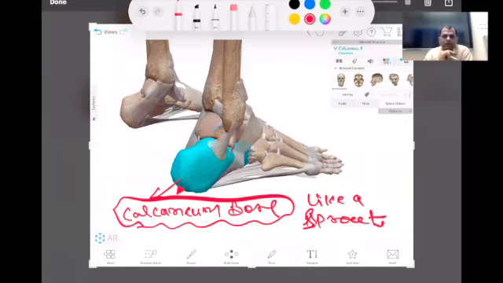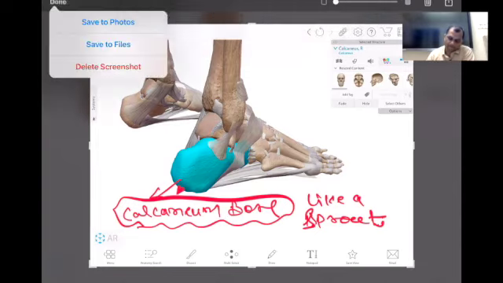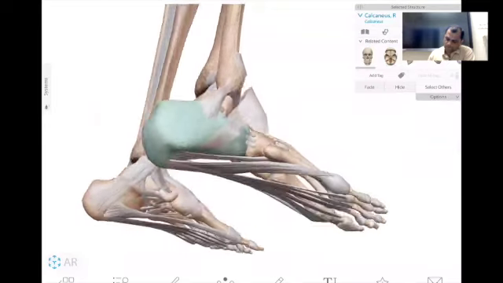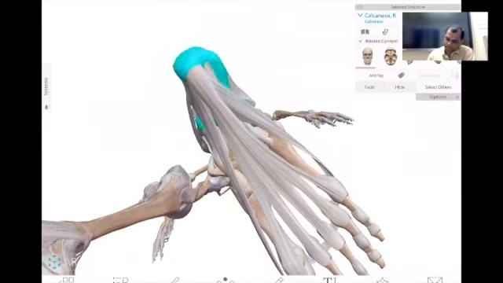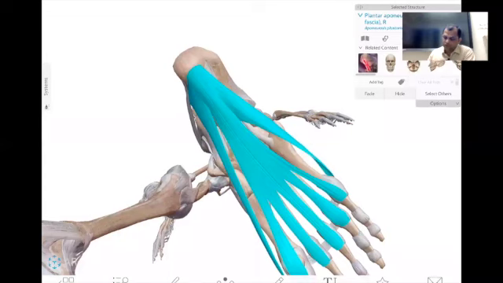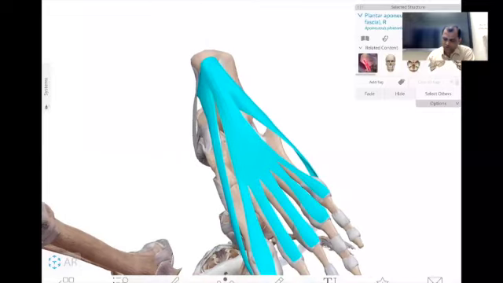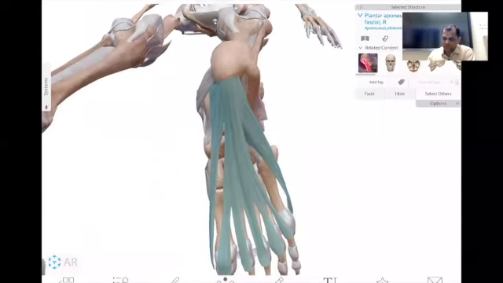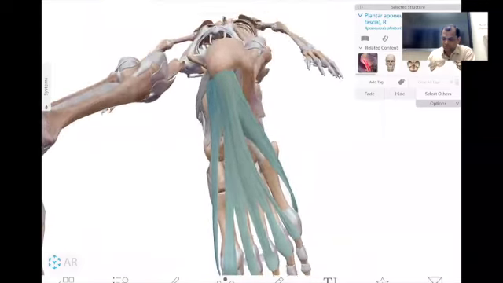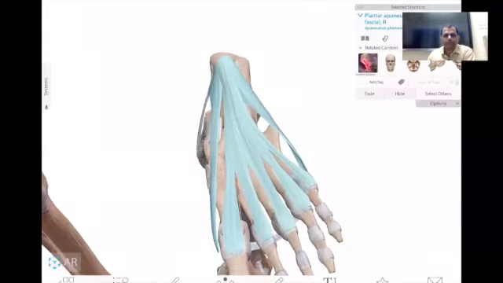Now what is the second cause of heel pain? Look at this structure. We can see this strong fascia. The meaning of fascia is that which attaches one bone with another bone.